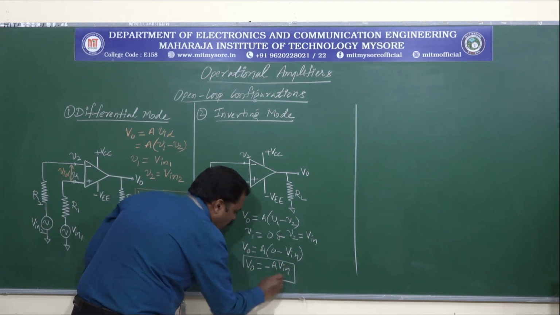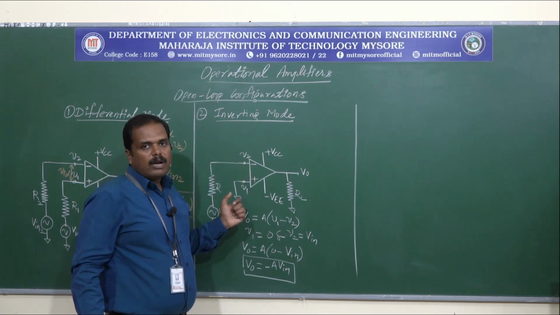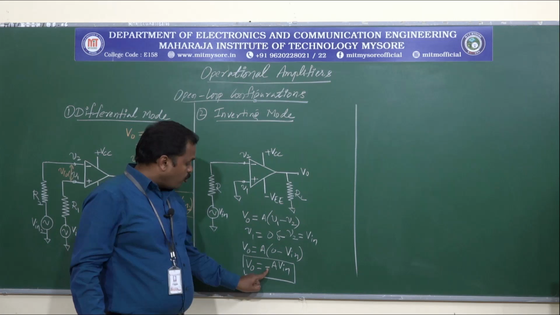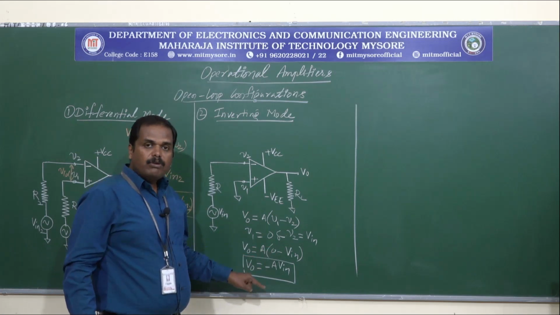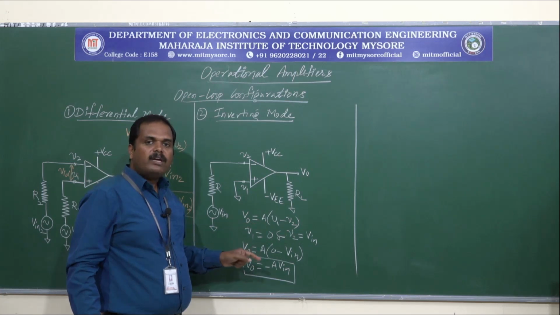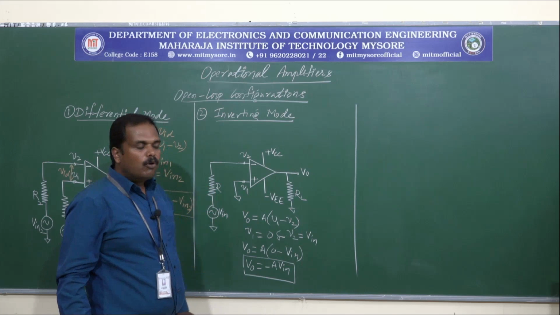So this is the output voltage for an inverting mode amplifier circuit. Here at the output we have a negative sign, which indicates that the output will be 180 degrees out of phase compared to the input signal. So this is inverting mode operation.